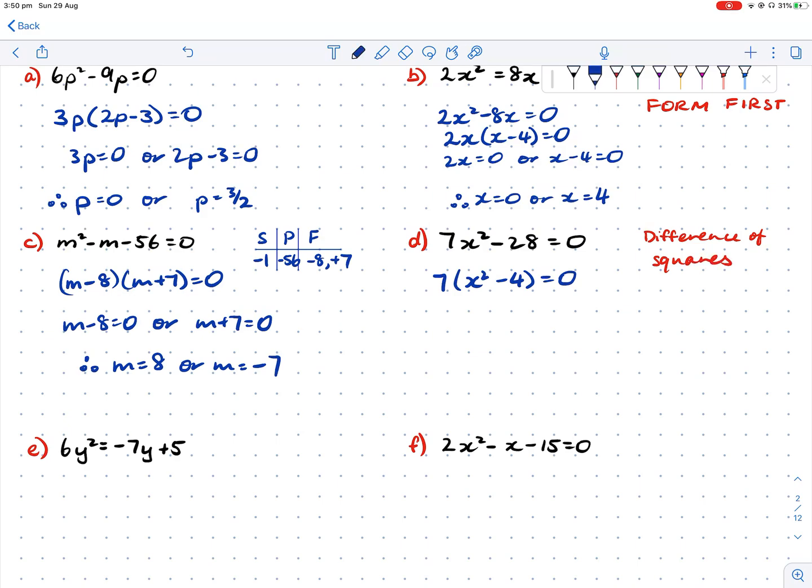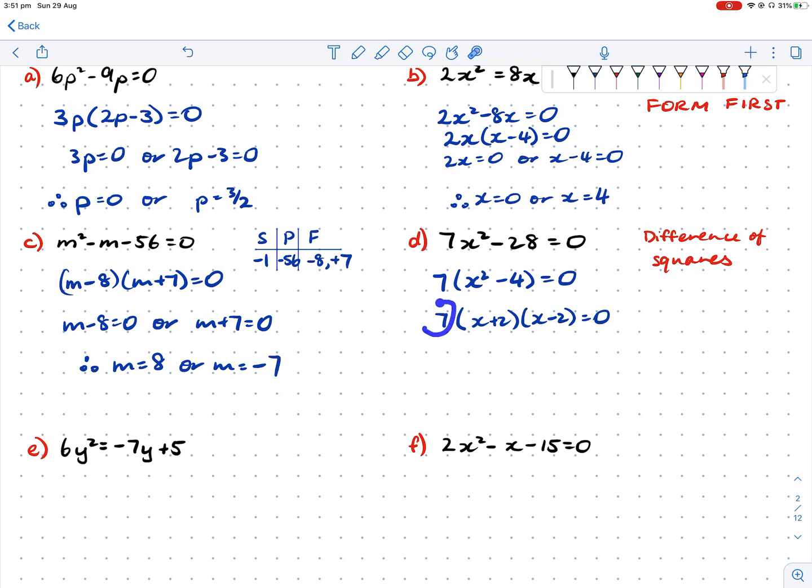So, let's leave the 7 there. Now, we can see x is squared already, and 4 is 2 squared. So that means we can write our brackets as x plus 2 and x minus 2 equals 0.